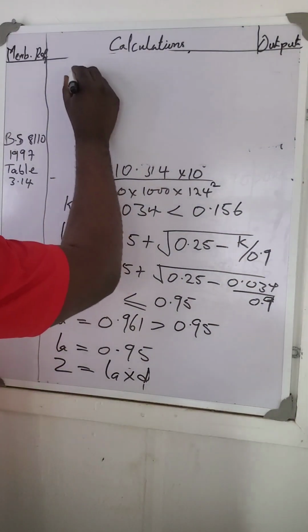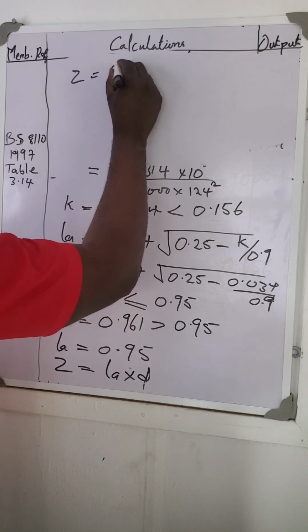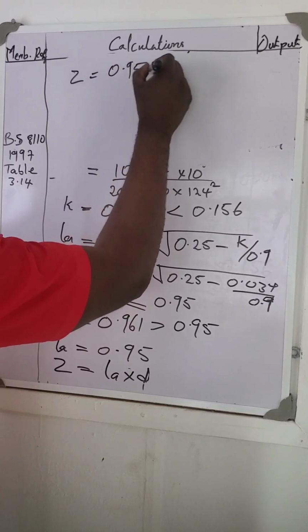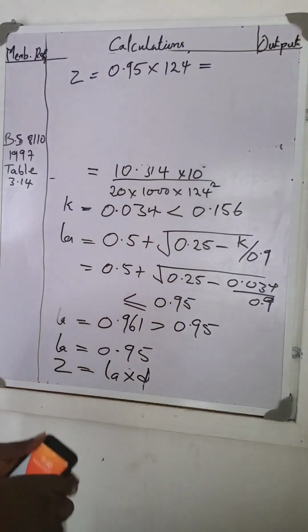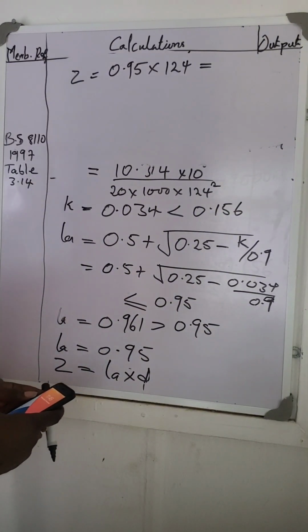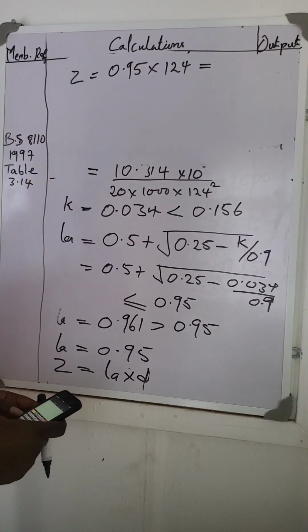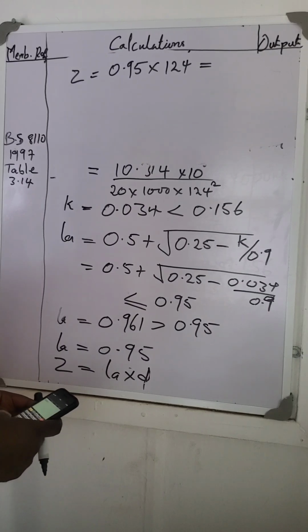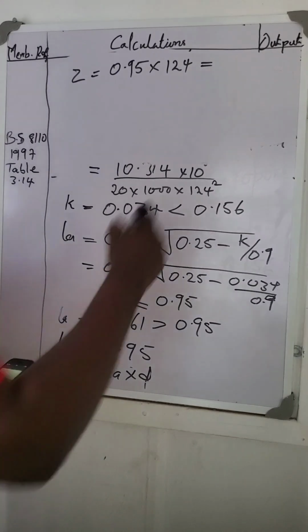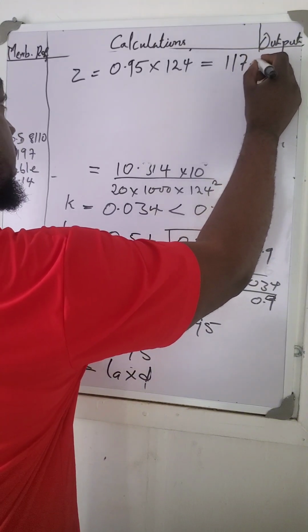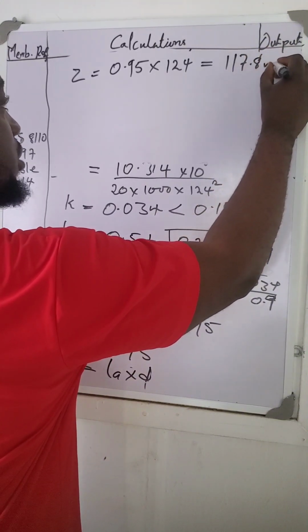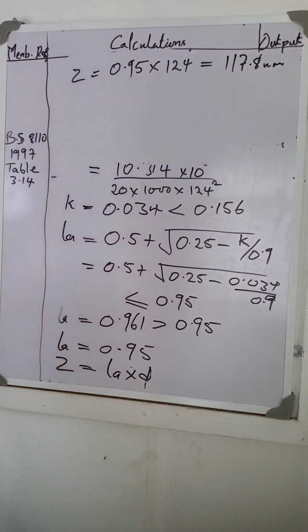So we now have that Z is equal to 0.95 multiplied by 124. This is equal to 117.8 millimeters. Yes, we have gotten this.